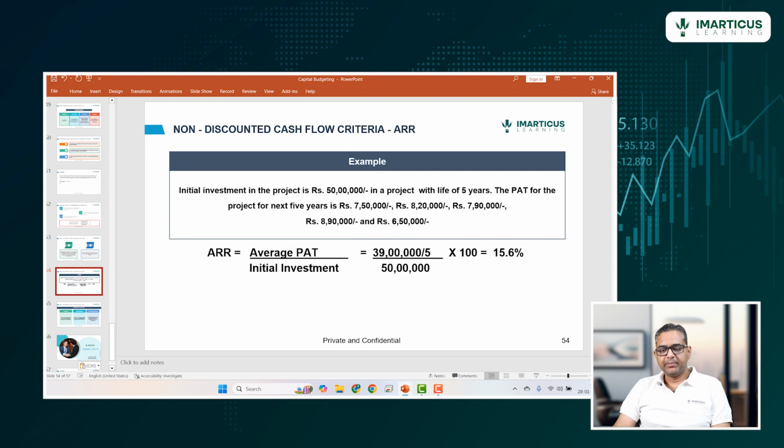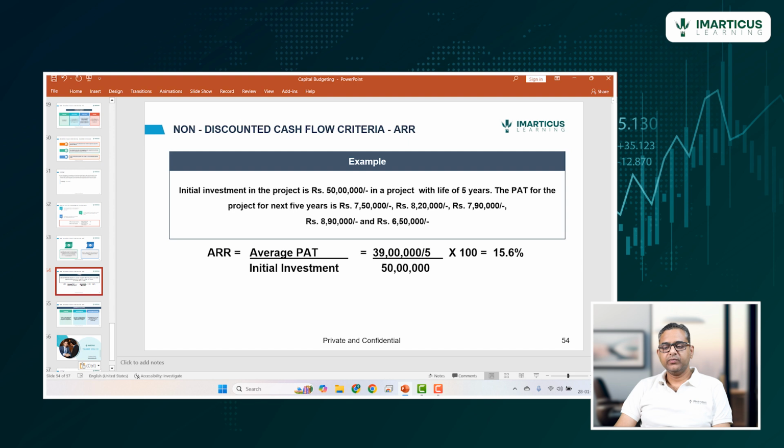Let's look at an example. The initial investment in the project is rupees 50 lakhs with a life of 5 years. The PAT for the project for the next 5 years is 7,50,000, 8,20,000, 7,90,000, 8,90,000, 6,50,000.